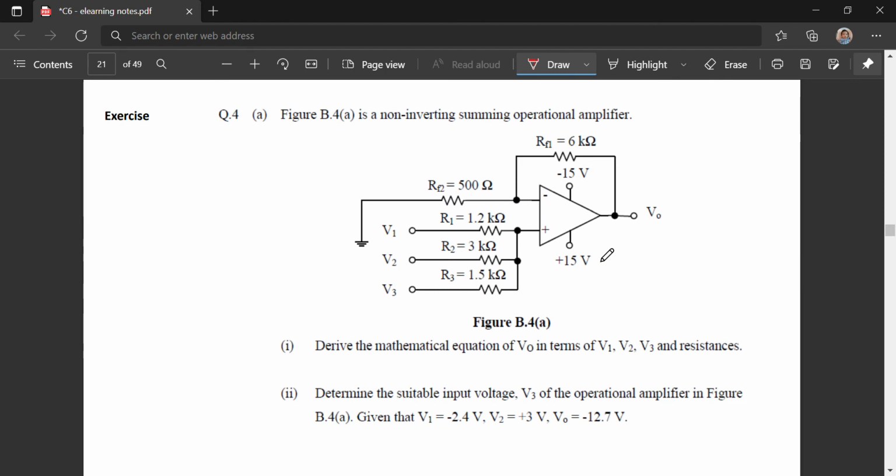Here is an example. If we have summing at the non-inverting input of the op-amp, we know that we need to sum or add V1 plus V2 plus V3, and then we get the output.